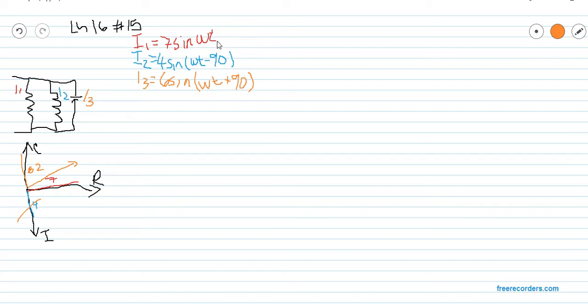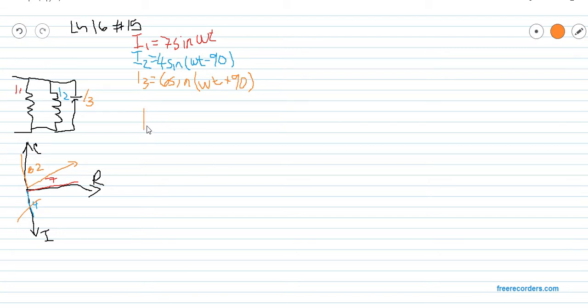To get from your time domain formula to phasor form, we need to remember that phasor form is going to be I effective multiplied by the angle, whatever it is. Let's rewrite that, it looks really bad.